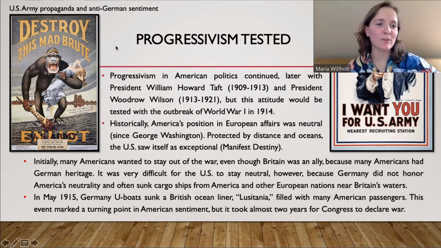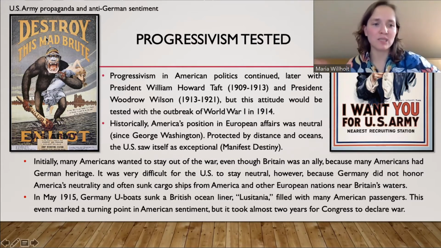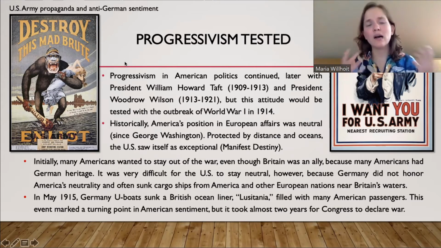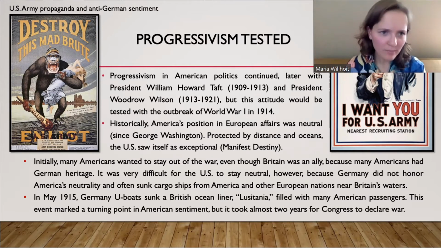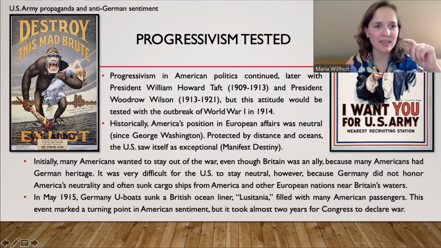This was also another propaganda poster. This is from the US Army trying to encourage people to join in the cause. And it did have anti-German sentiment. "Destroy this mad brute." And the mad brute is a German dressed up as a monkey, like an uncivilized creature. And it's Germany because he has a military hat that's in the German army, and he has a little mustache.